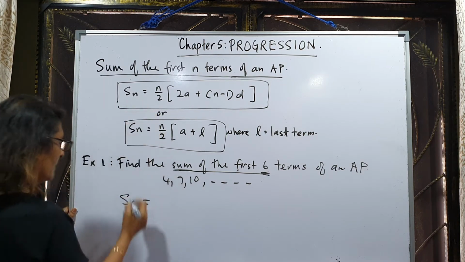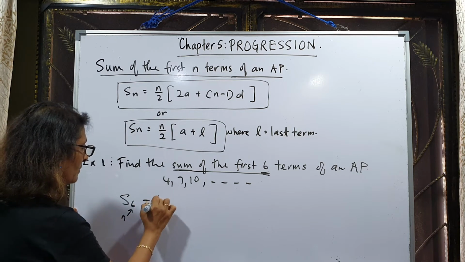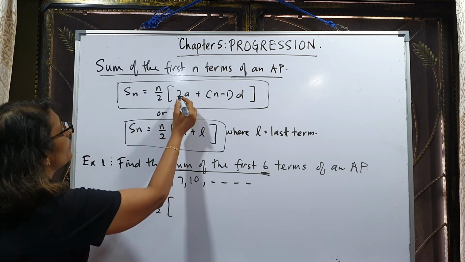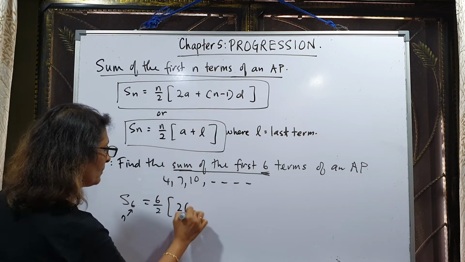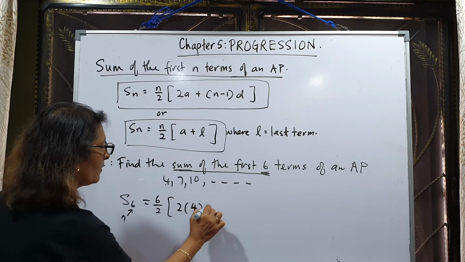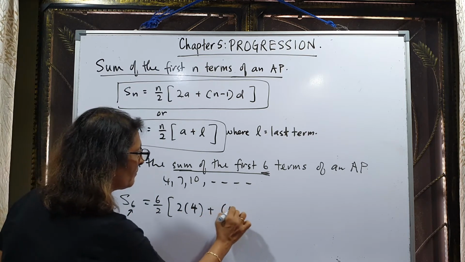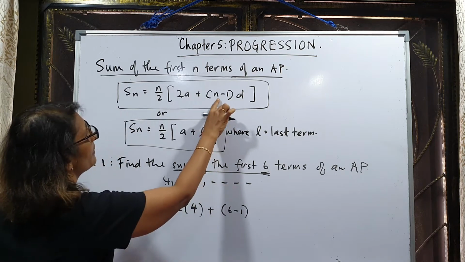So this is your n. This is your n. So we put there 6 over 2, 2a. So 2, what's a? a is 4. Plus, this is n, so it's 6 minus 1, n minus 1, d.